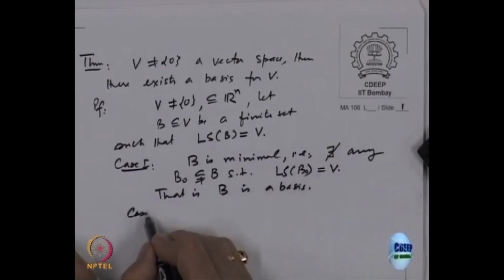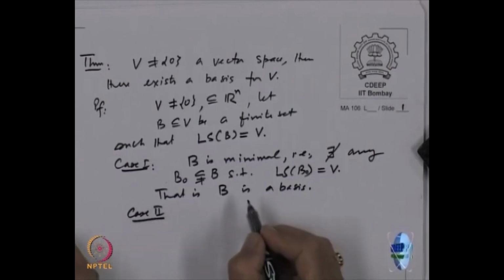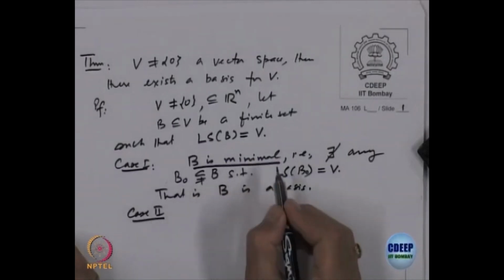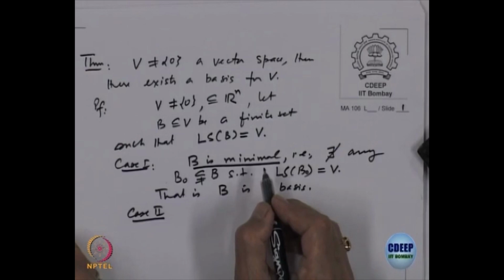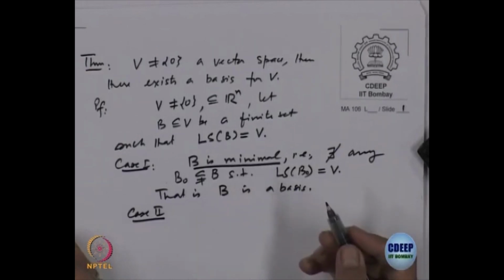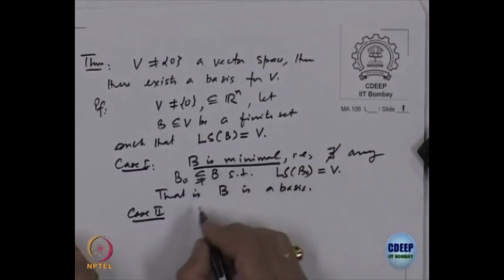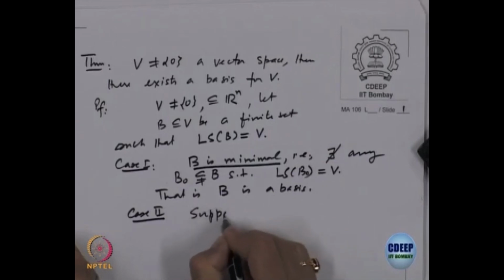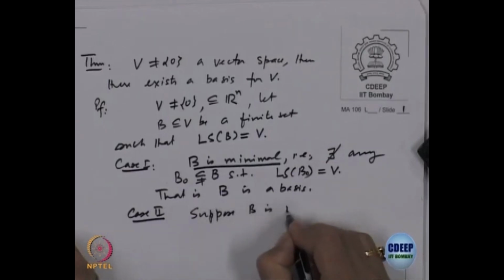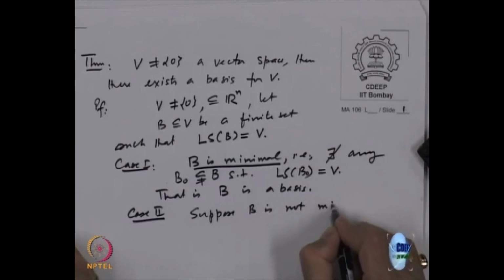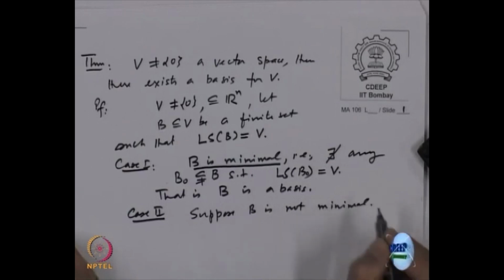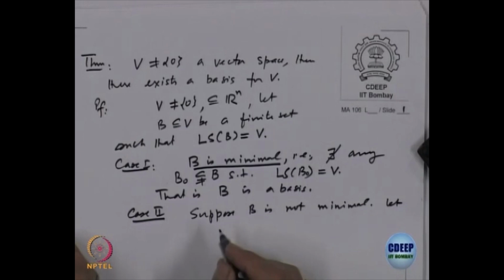So, what is case 2? Case 1 was it is minimal. So, what is the second possibility? It is not minimal. So, suppose B is not minimal. So, that means what?